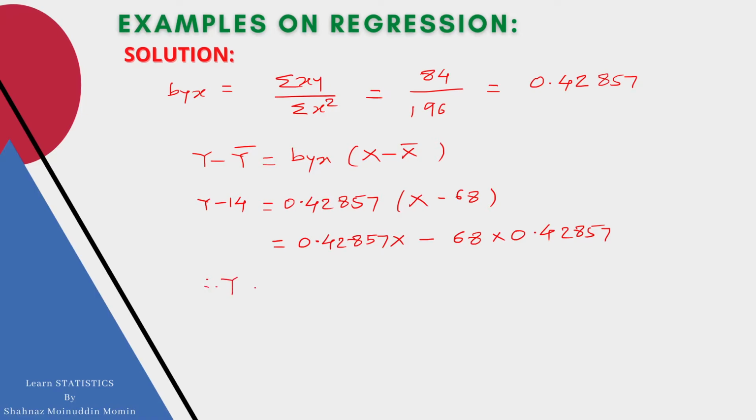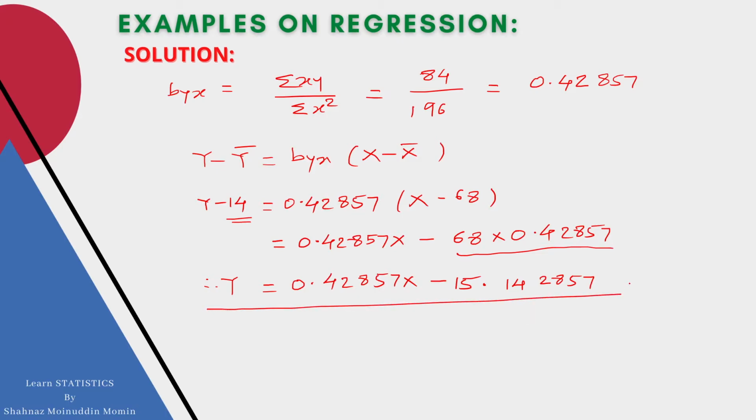Therefore, y equal to 0.42857 x minus, by taking the constant 14 to the right and adding it into this product, we get minus 15.14287. This is the regression line of y on x.